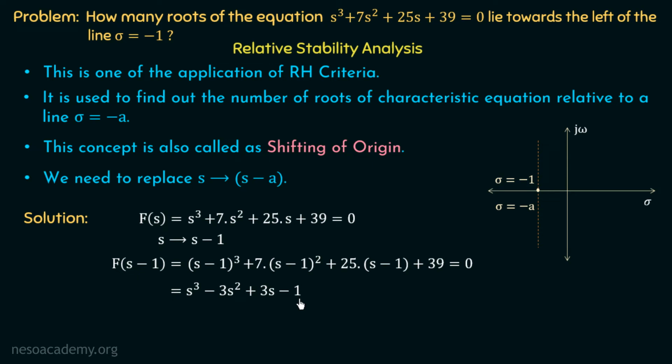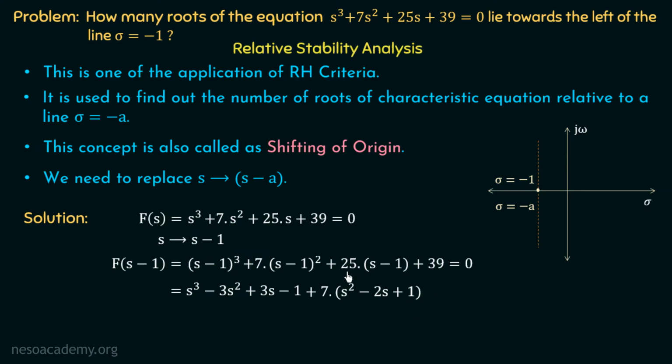We know a minus b whole cube is a cube minus 3a squared b plus 3ab squared minus b cube. So if we open the bracket with a minus b whole cube, we will have these four terms. Now, if we open this bracket with a minus b whole squared, we will have plus 7 multiplied with s squared minus 2s plus 1.